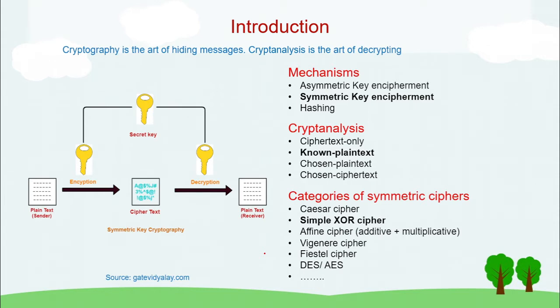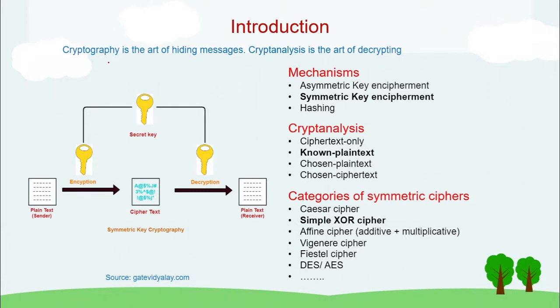I'm sure most of you are well aware of cryptography and cryptanalysis. But for those who do not have some knowledge of this, we will go through some of the major headings on this subject. There are different mechanisms available. Before that, let me say what cryptography is. Cryptography is the art of hiding messages, and cryptanalysis is the art of decrypting.